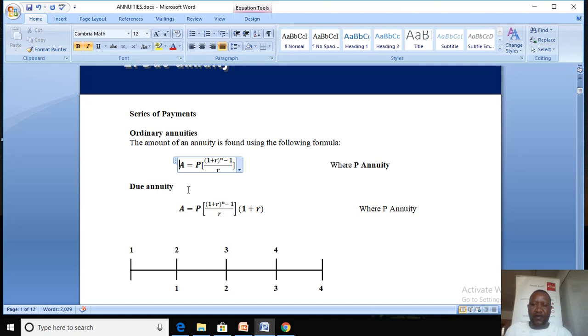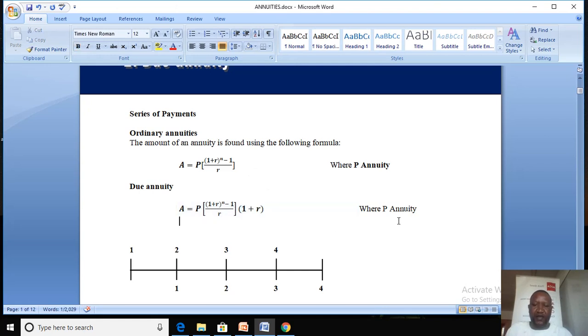For due annuities, where the payments are made at the beginning of the period, we have a different formula. The difference between the two formulas is the factor of 1 plus R.